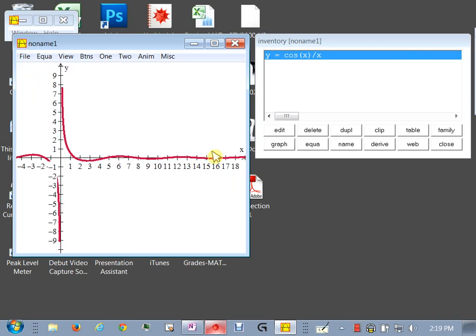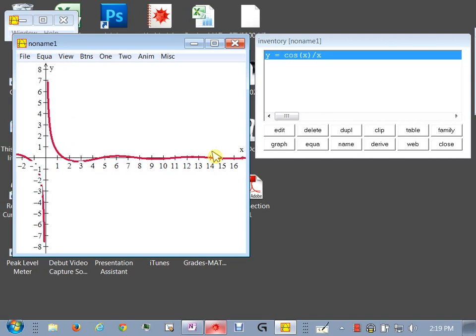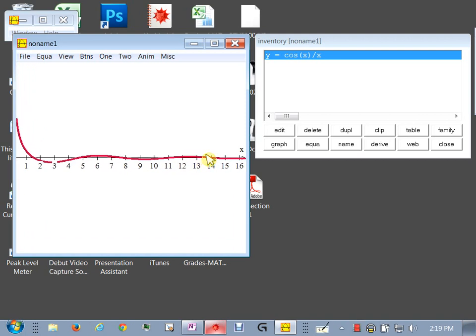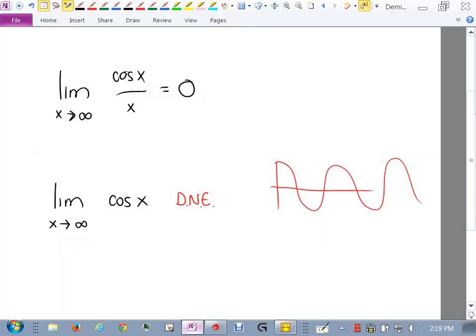That's it right there. Kind of hard to see it, but it's kind of like cosine, right? Kind of. But what's happening to it as you keep going out? It's getting smaller. You could even look at it this way. That's 1 over x times cosine x.